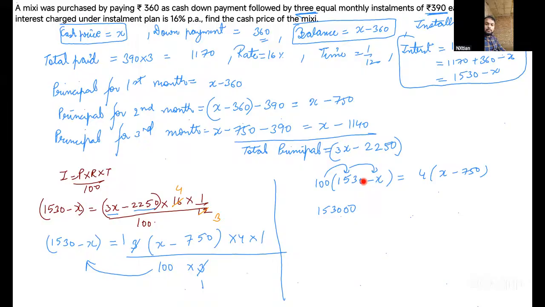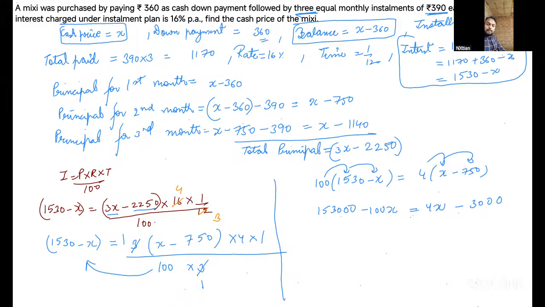Understood, Justin? If I take the number 25, I have to multiply with both numbers. Instead of that, I am simply putting 100 and making 2 zeros, minus 100x is equal to 4x into, if we multiply it, it will become 0, 0, and then 2, then 3000.